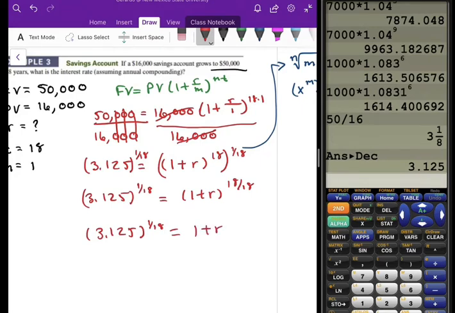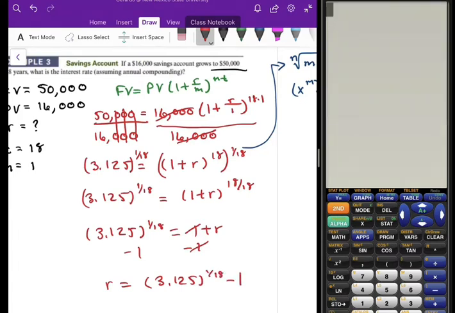So 1 plus r. Subtract 1 from both sides, so r is equal to 3.125 to the 1/18 minus 1. Let's put all of that into the calculator: open parentheses 3.125 to the power of 1 over 18, minus 1.